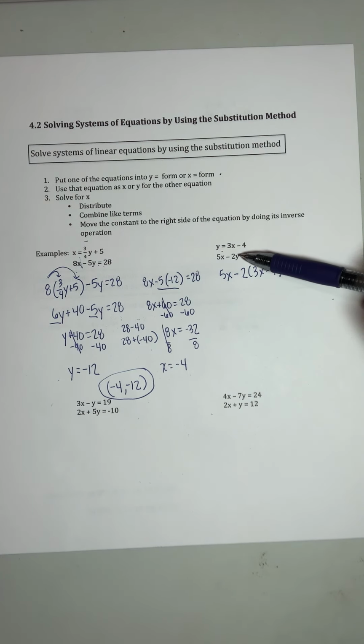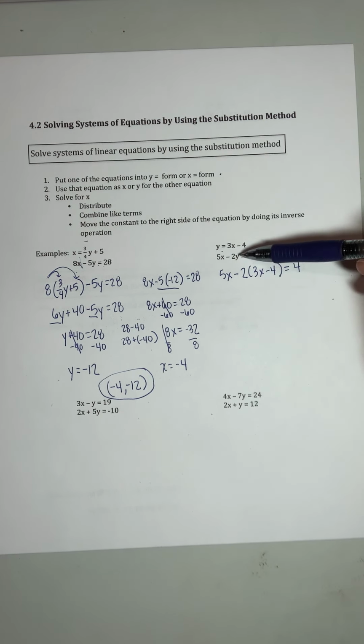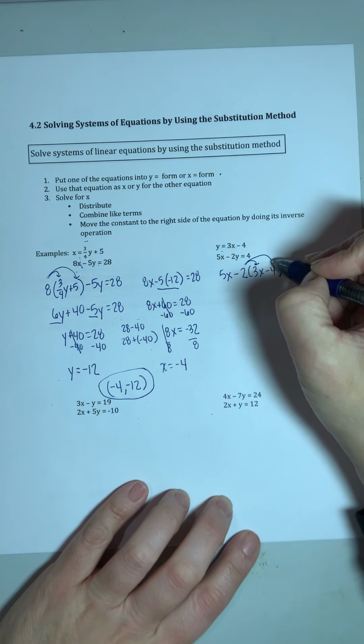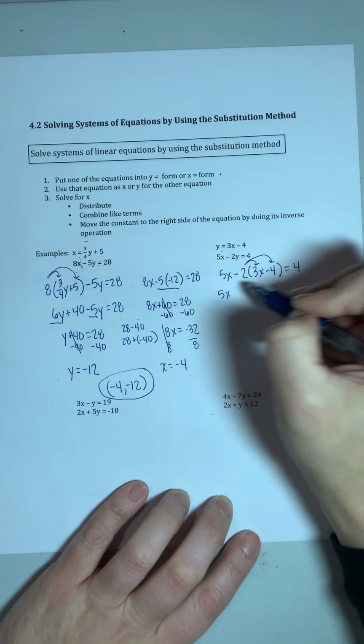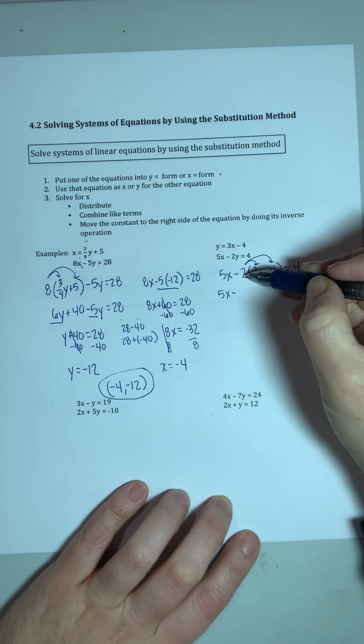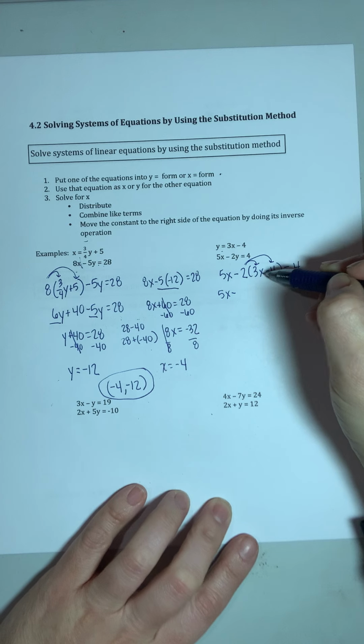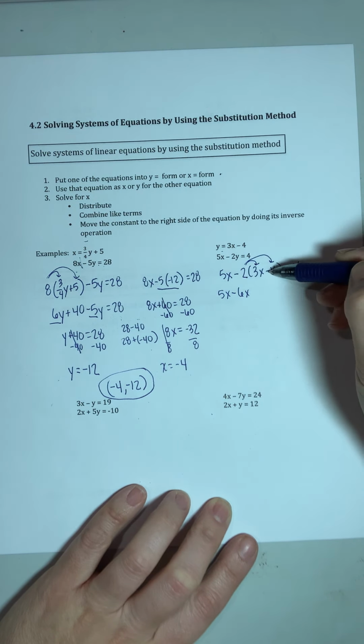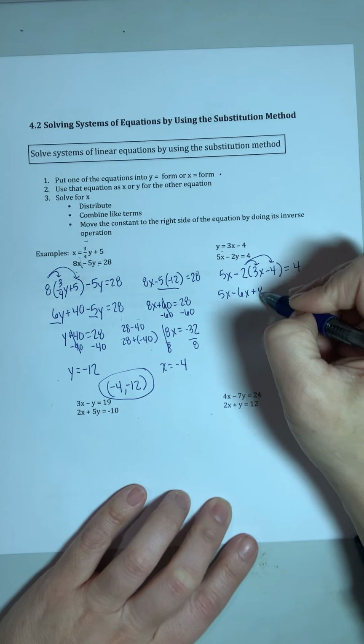So if you replace one of those variables with a variable that's already being used, so I replaced the y with the 3x and I already had a 3x, then I can combine like terms and solve for x. That's what substitution is. Okay, so I have to do this part first. So the 5x is going to stay. Negative 2 times positive 3x is negative 6x. Negative 2 times negative 4 is positive 8.